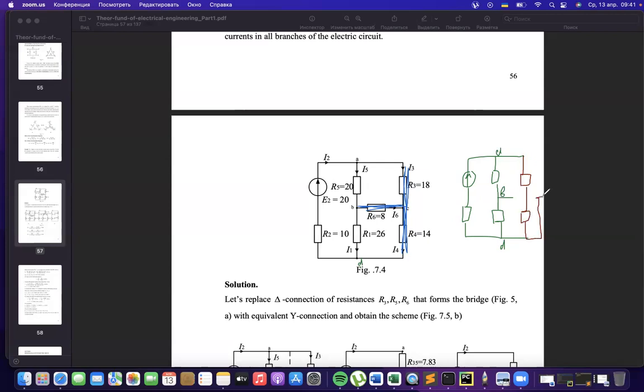The delta will look like a triangle with 3 points of connection.